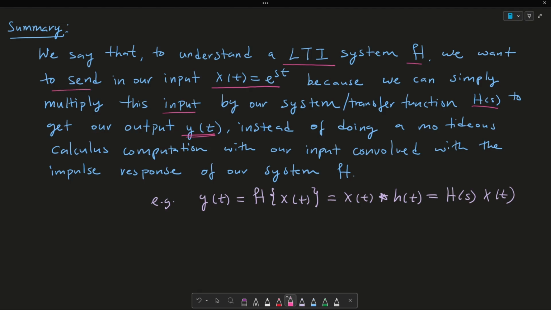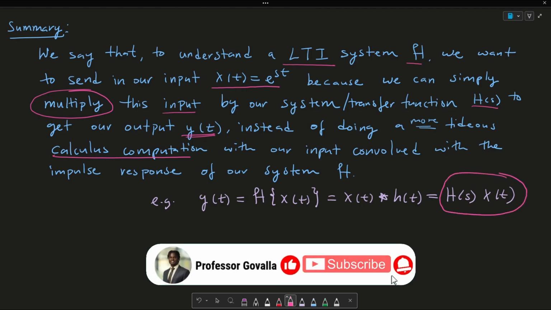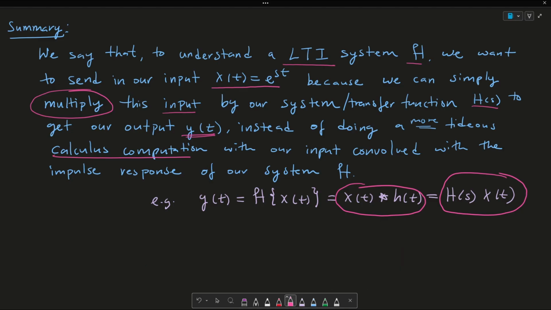So again, this is a multiplication problem, which we prefer to do, instead of, there's a typo here, a more tedious calculus computation with our input convolved with the impulse response h of t of our system H. Long story short, we would rather do this than do this. And this is the whole point of this video.